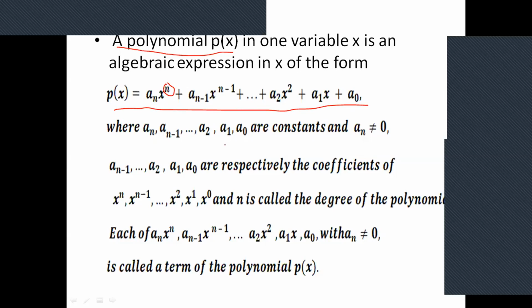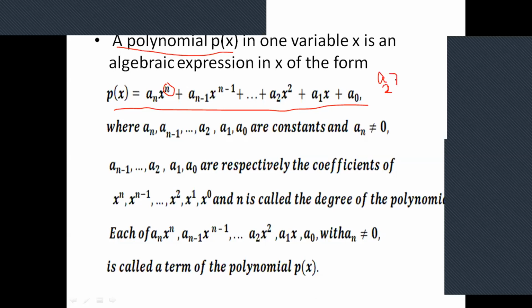For example, if I want to write just a quadratic equation, I don't have to take anything from here. I'll just put n is equal to 2. And if I put n is equal to 2, I will get a2 x squared. Here a2 are constants, students. You can take any numbers, fractions, negative numbers, any real numbers for an.